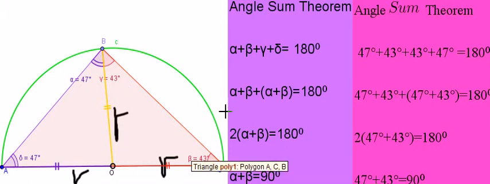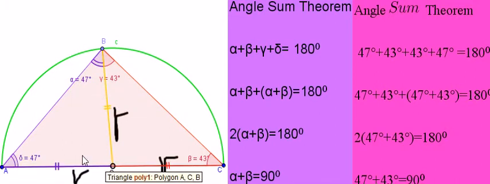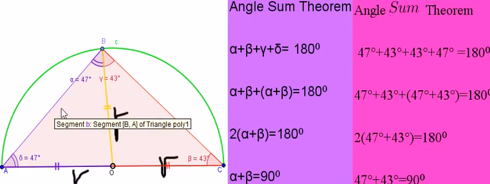So notice over here in my angle sum theorem, I have two of those having 43 degrees. Now I have it also here when we have beta plus gamma. These are two of my angles. Now let's focus on the purple one. If you look at the purple triangle, I have the same game.